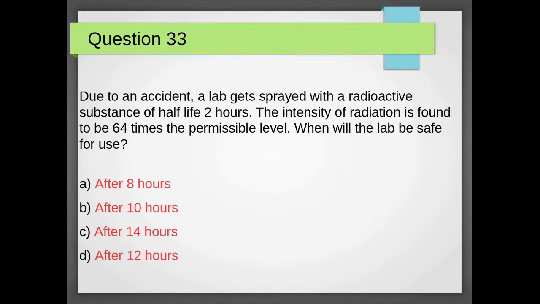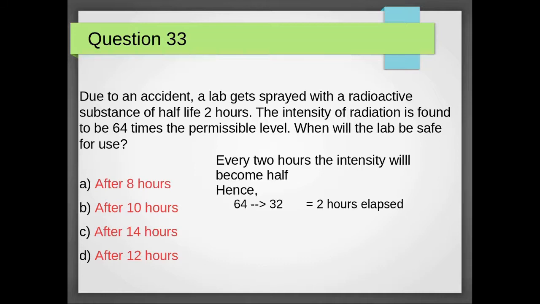And right now, when the accident has occurred, the radiation level is 64 times the permissible level. So every 2 hours the intensity will become half. Using that knowledge, the level of 64 will become 32 times the permissible level at the end of 2 hours. 32 will become 16 at the end of 4 hours.